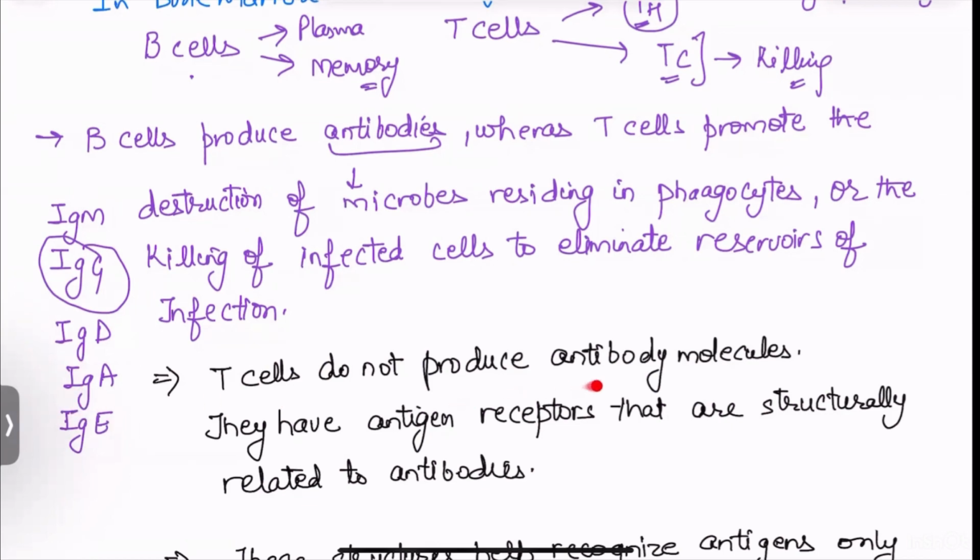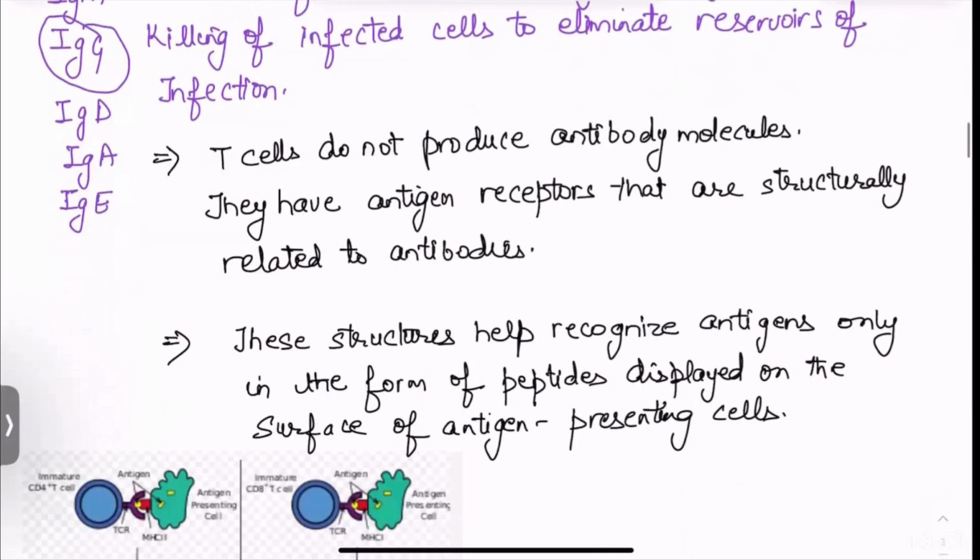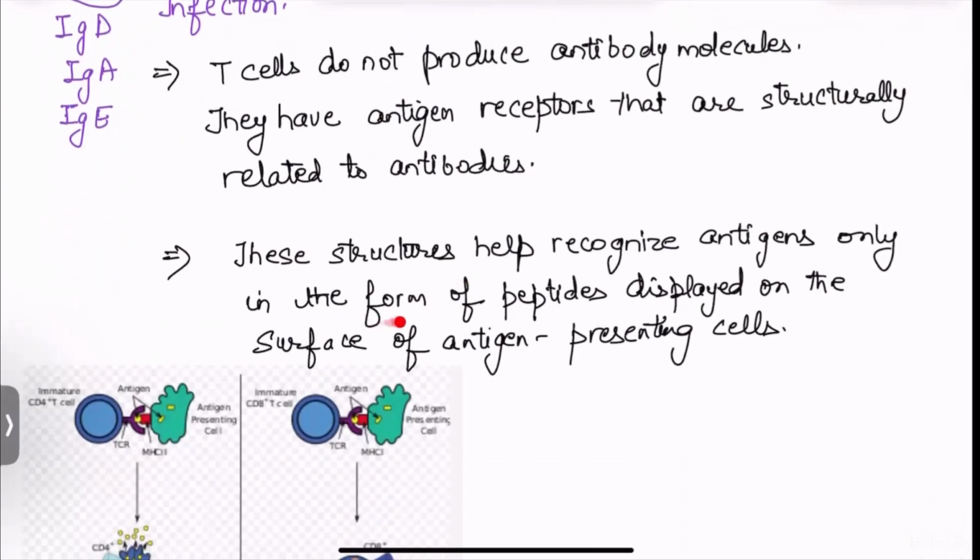T cells do not produce antibody molecules, but they have antigen receptors that are structurally related to antibodies. These help recognize antigens only in the form of peptides displayed on the surface of antigen-presenting cells. Antigen-presenting cells take a fragment of the antigen and present it to the T helper cells so that these T helper cells go and talk to the B cell for antibody formation.